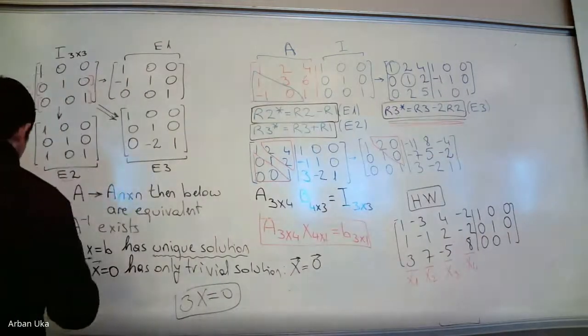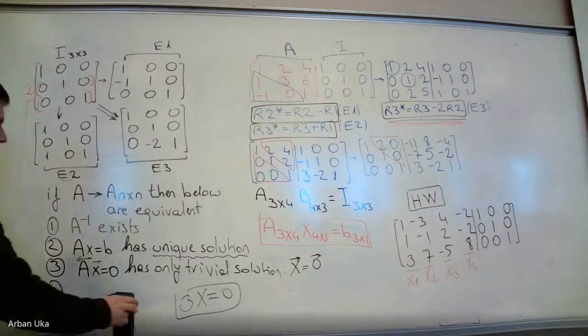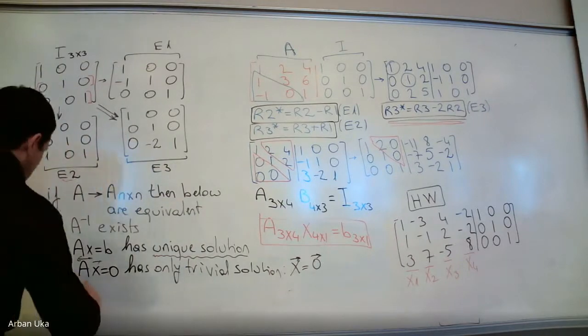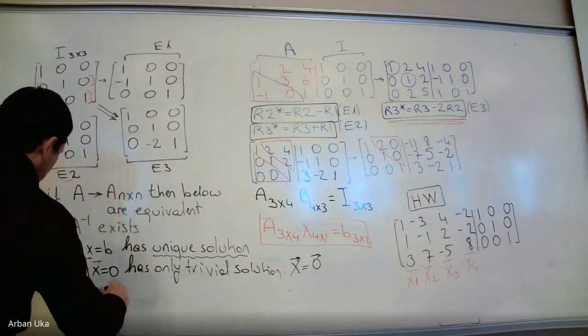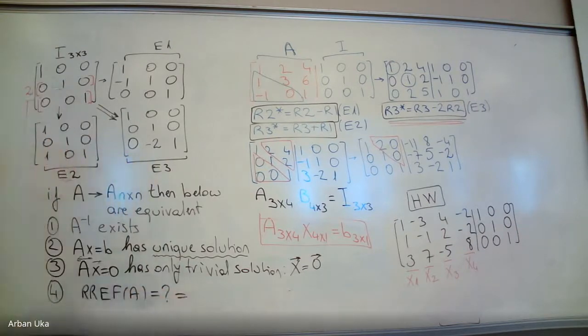The fourth statement, which is equivalent to the first three, is the following. The reduced row echelon form of A is equal to what? Can you find it? That's true, yes.